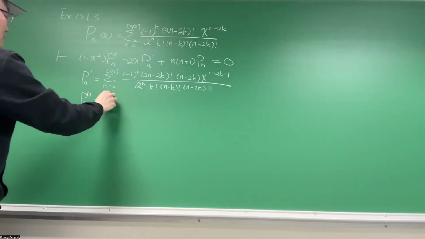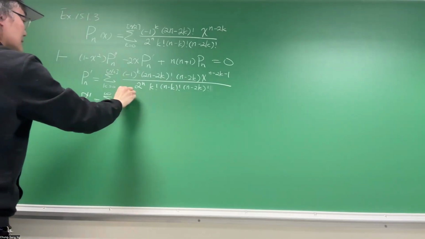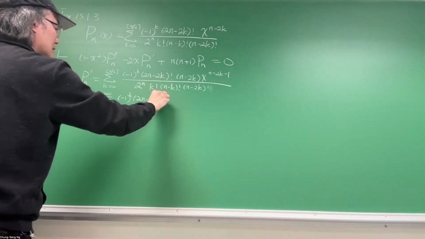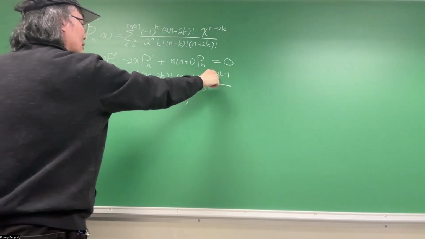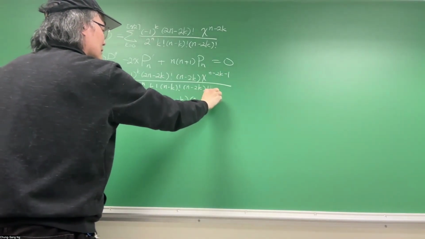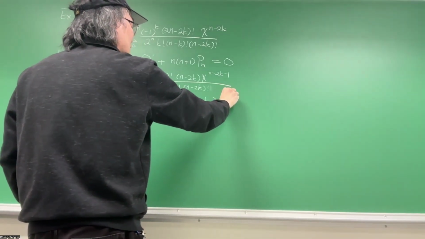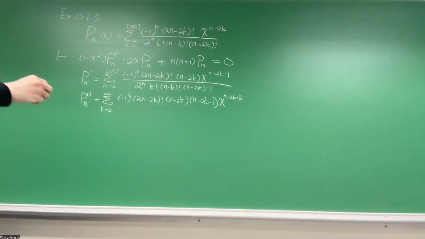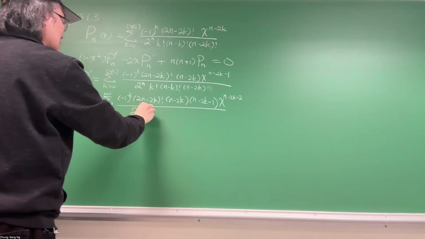Let's just keep doing that. Now you multiply out another factor, n minus 2k minus 1, and x to the n minus 2k minus 2, and multiply the whole thing.